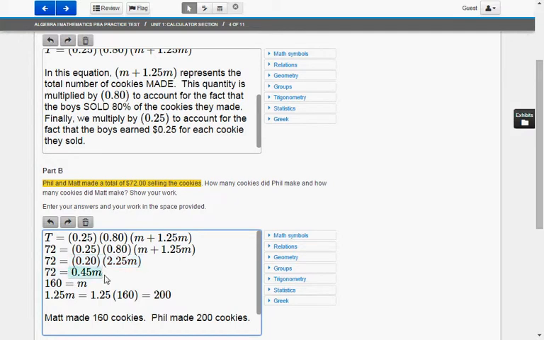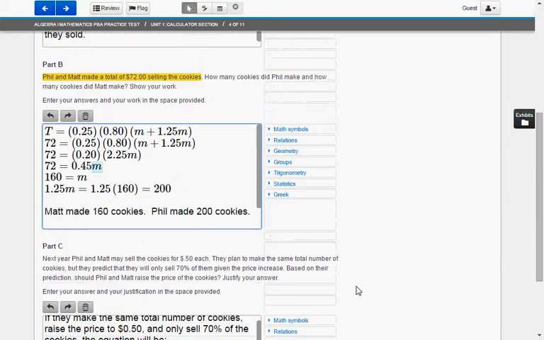And so to solve for m, I divided by that decimal, 0.45, on both sides, and I got m was 160. That's how many cookies Matt made. And we know that Phil made 1.25 times m cookies. So take 1.25 times 160, and we have 200 cookies. Matt made 160 cookies. Phil made 200 cookies.